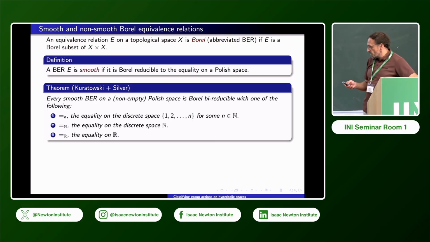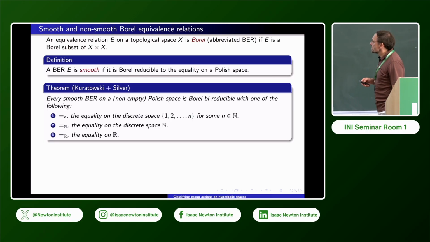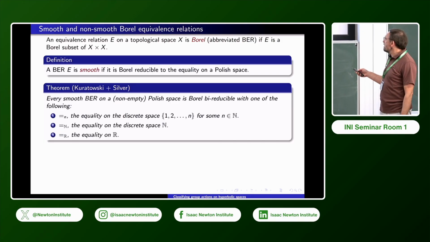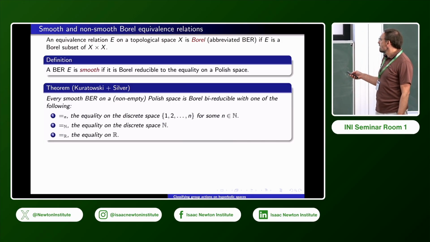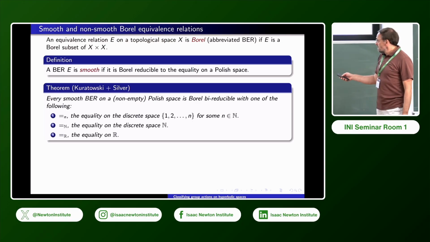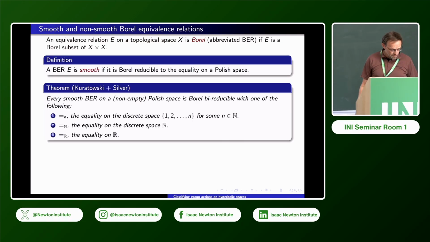Up to Borel bireducibility, every smooth Borel equivalence relation is either the equality relation on a finite discrete space, or a countable discrete space, or the real numbers. You can also replace the real numbers with the interval [0, 1].